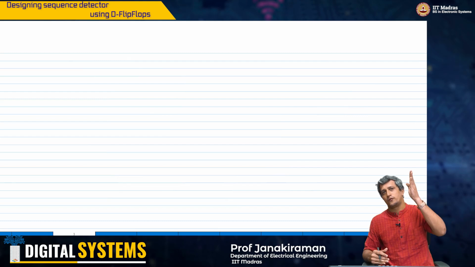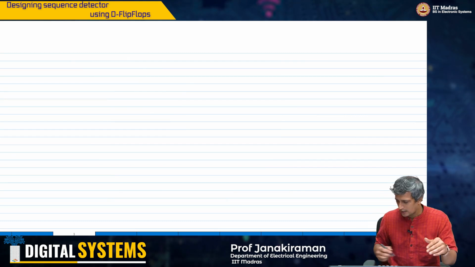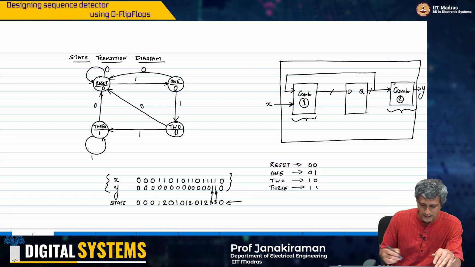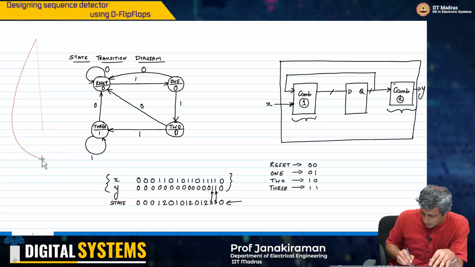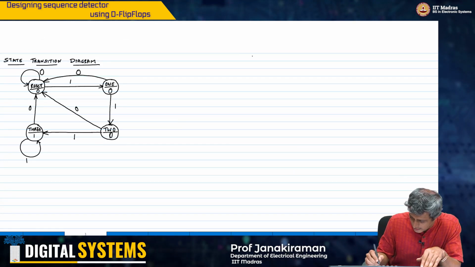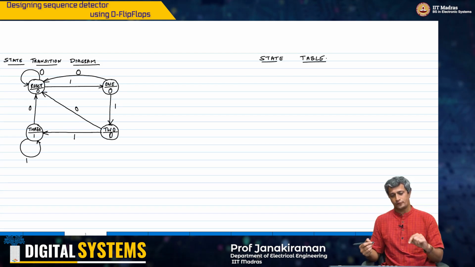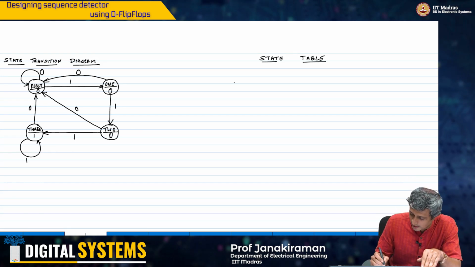So this is my effective state diagram, and now I'm going to go backwards, like I said. From the state diagram I will move to a state table, right. So for that, let me make a copy of this here, okay. So let's now write the state table description of the state transition diagram that is shown here.